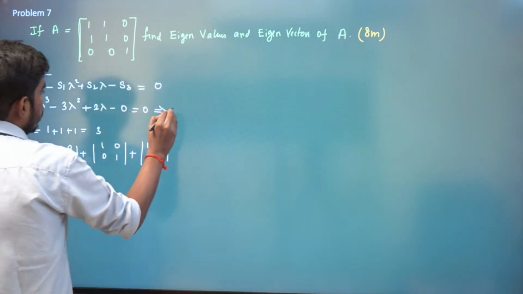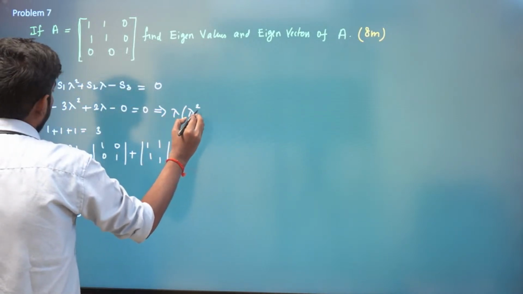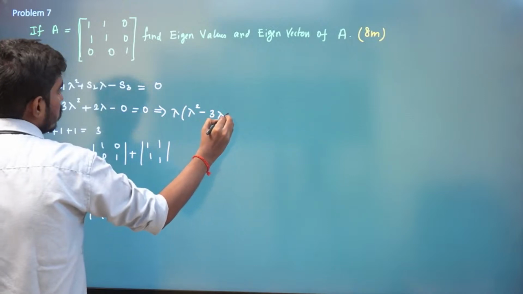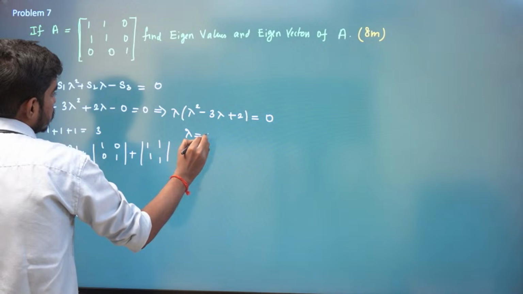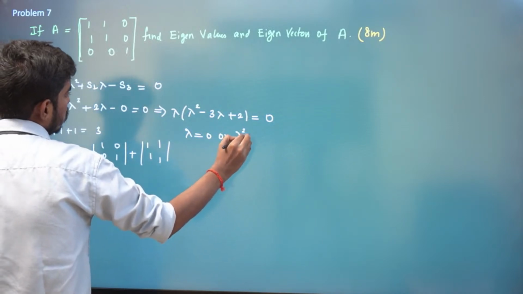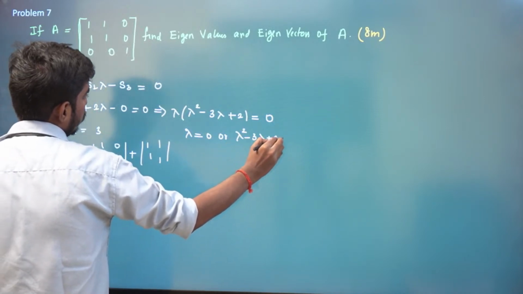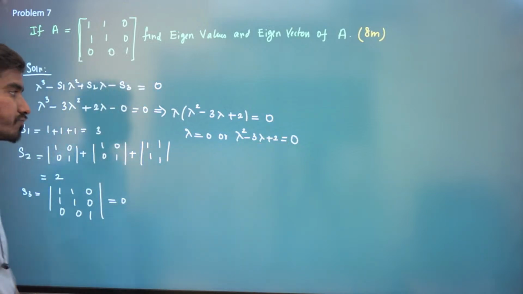Just take lambda outside. So lambda squared minus 3 lambda plus 2 is equal to 0. That means lambda is equal to 0, or lambda squared minus 3 lambda plus 2 is equal to 0.